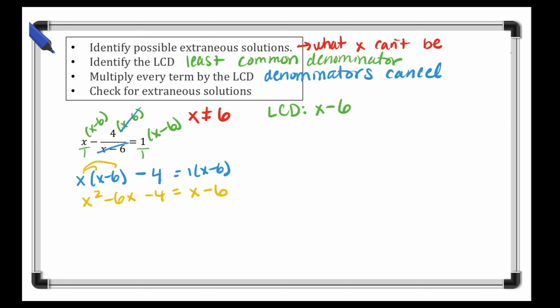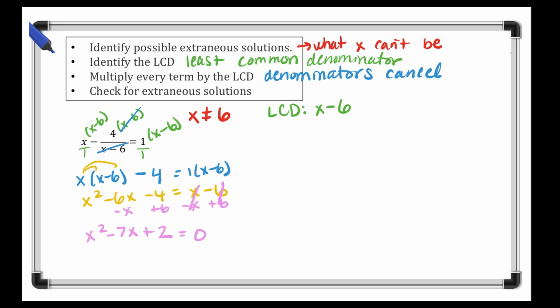You have a quadratic, so we've got to get this equal to 0 in order to solve it. So I'm going to subtract x from both sides, and I'm going to add 6. So I get 0 on the right side, and then you get x squared minus 7x plus 2.